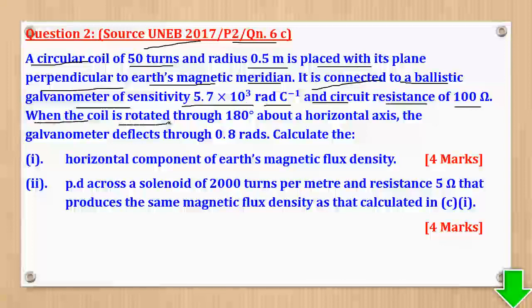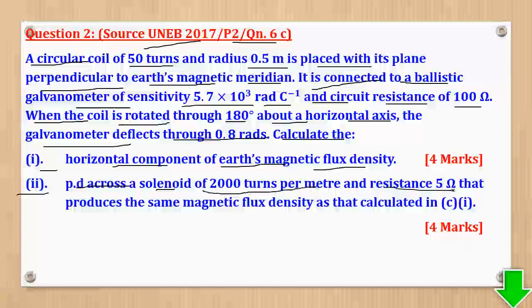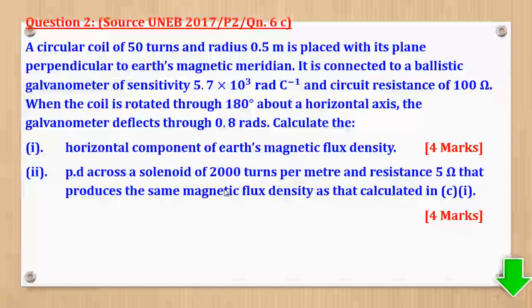When the coil is rotated through 180 degrees about a horizontal axis, the galvanometer deflects through 0.8 rads. Calculate (i) the horizontal component of the Earth's magnetic flux density, and (ii) the PD across a solenoid of 2000 turns per meter and resistance 5 ohms that produces the same magnetic flux density as the one calculated in (i) above.